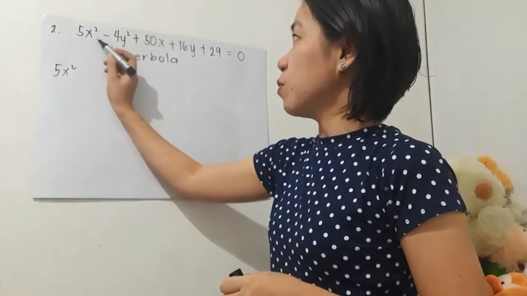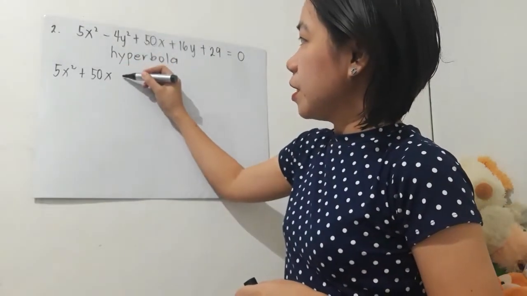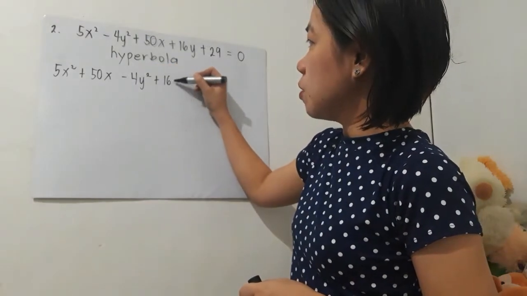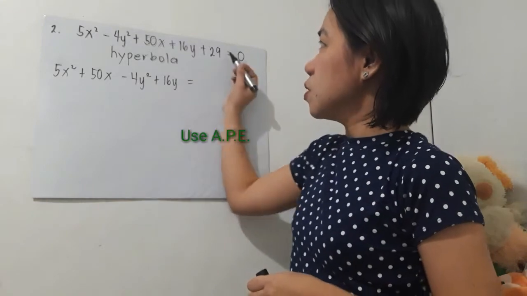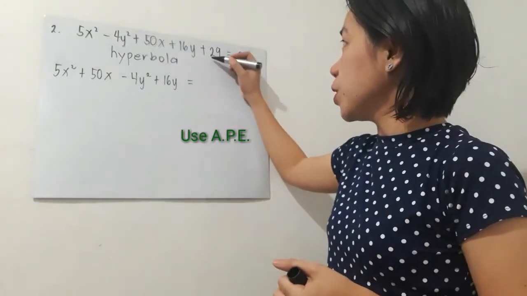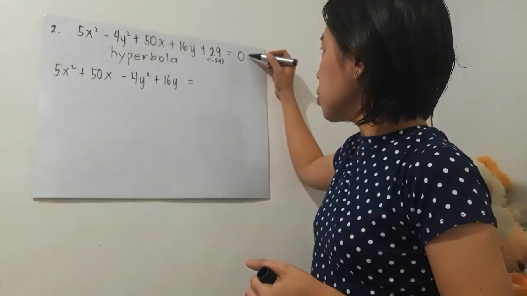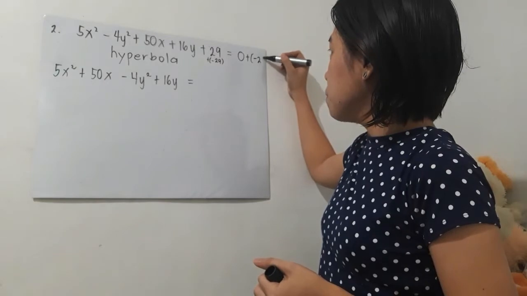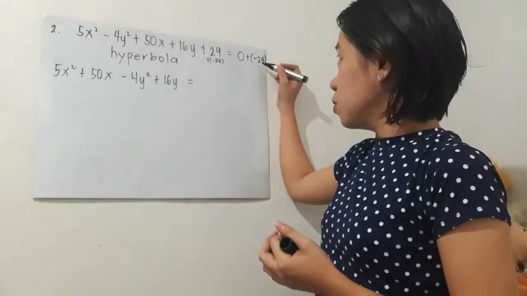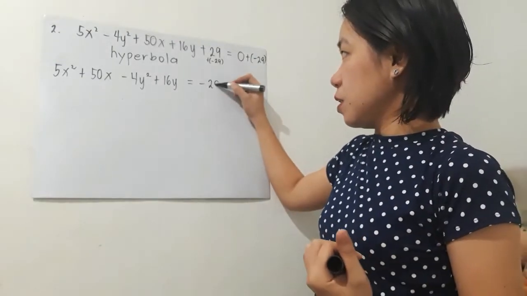So we have 5x squared plus 50x and then minus 4y squared plus 16y equals, we'll use the addition property of equality, so we'll add negative 29 on both sides of the equation. So plus negative 29, making this 0, and it's equal to 0 plus negative 29, that is negative 29.